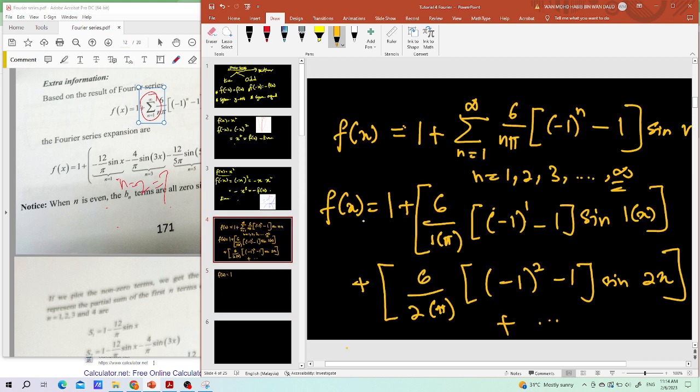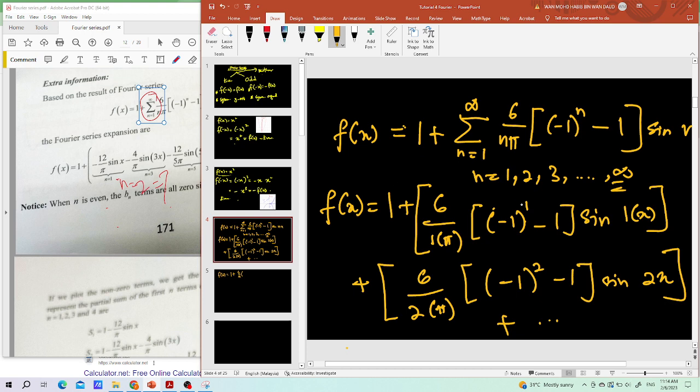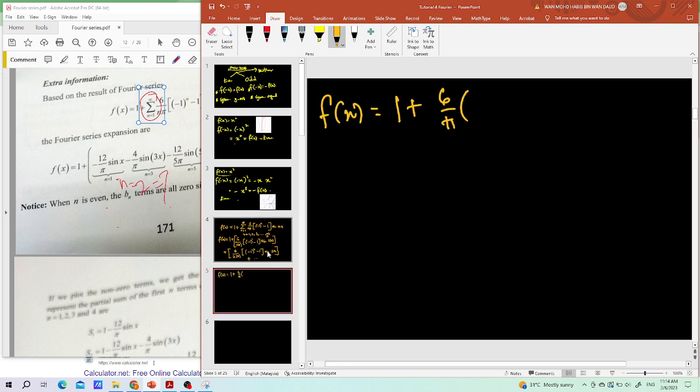If we look here, 6 over pi plus 6 over pi times (-1 minus 1), we get negative 2, and then we get sine x.